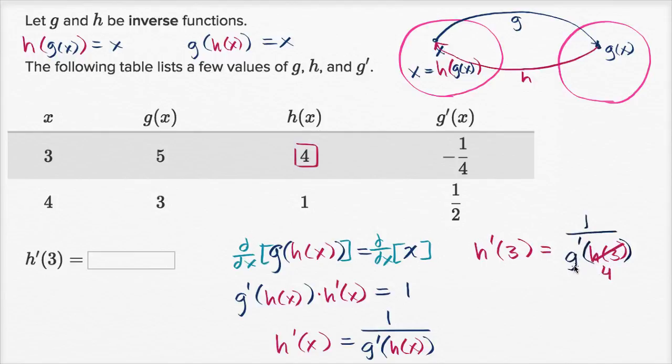So now we just have to figure out g prime of 4. Well, lucky for us, they have given us when x is equal to 4, g prime is equal to 1/2. So g prime of 4 is equal to 1/2. So h prime of 3 is equal to 1 over 1/2. 1 divided by 1/2 is the same thing as 1 times 2. So this is all equal to 2, and we are done.